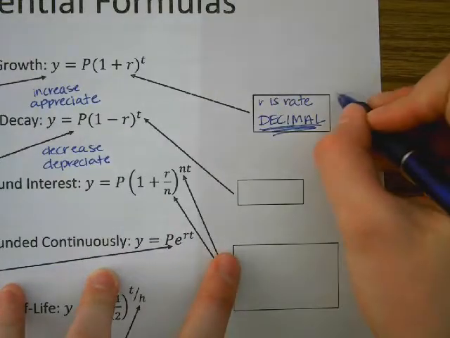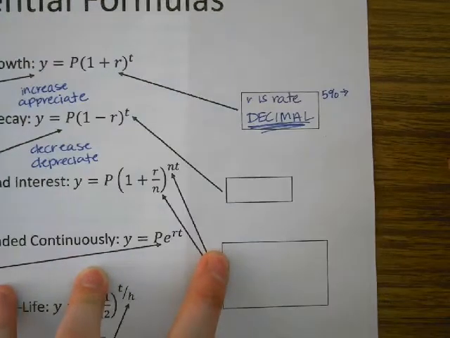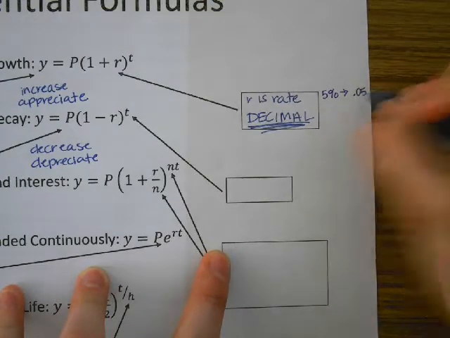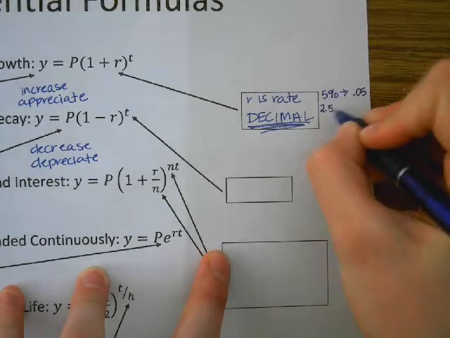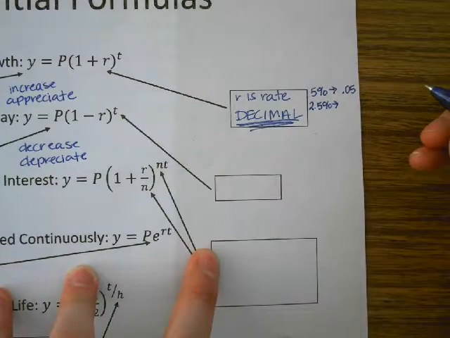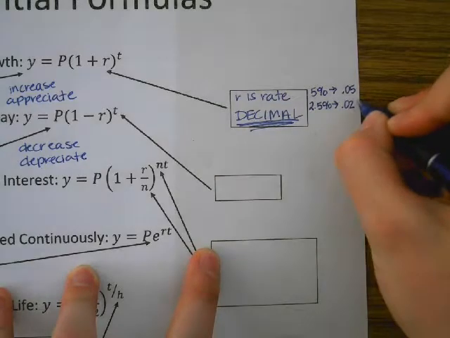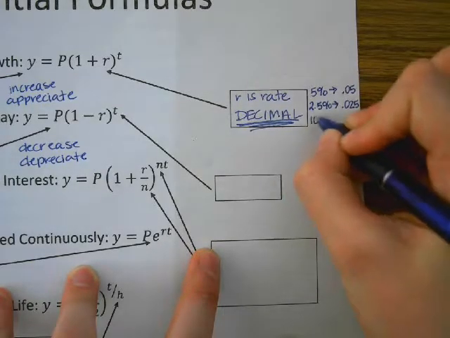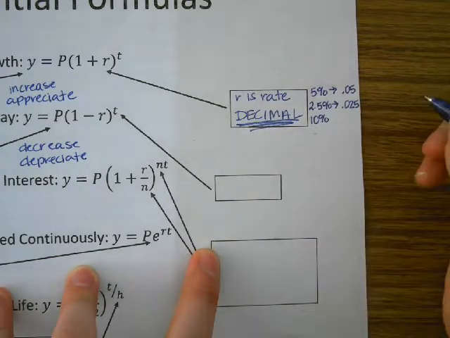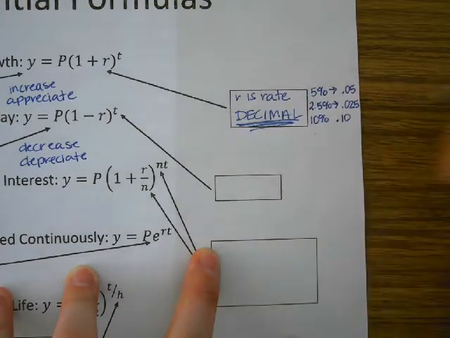So if we have 5%, what is that as a decimal? 0.05. If we have 2.5%, what is that as a decimal? 0.025. If we have 10%, what is that as a decimal? 0.10, yeah, 0.10.